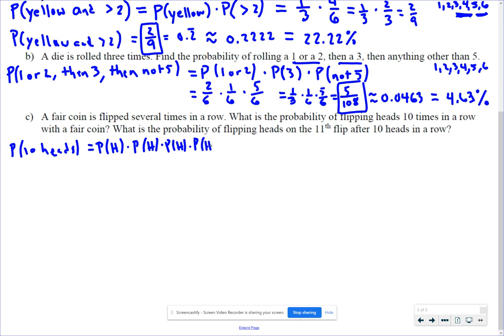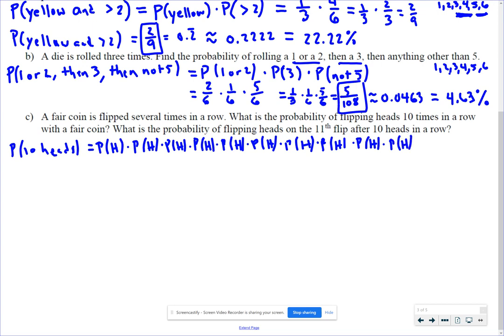I don't really want to write all these down, but I guess I will. This is painful. This is why we use exponents. How many do I have? 2, 4, 6, 8, 10. Okay, all of these say probability of heads.